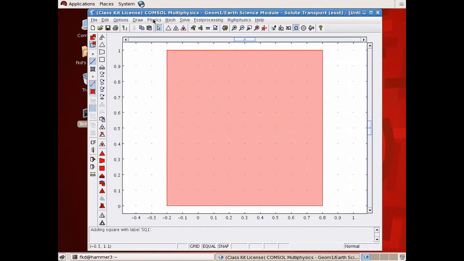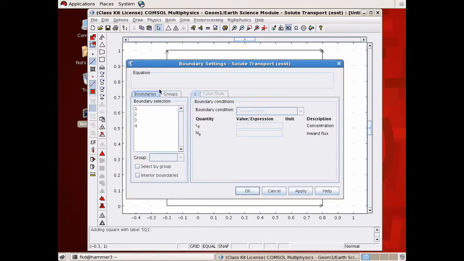We want to apply boundary conditions. So this is our left-hand boundary. We have some choices of either prescribing a concentration or a mass flux across there. Let's apply a concentration that mimics what we've done before.